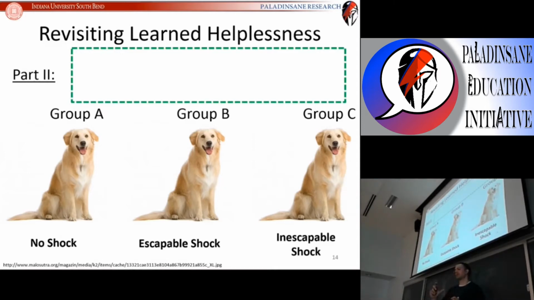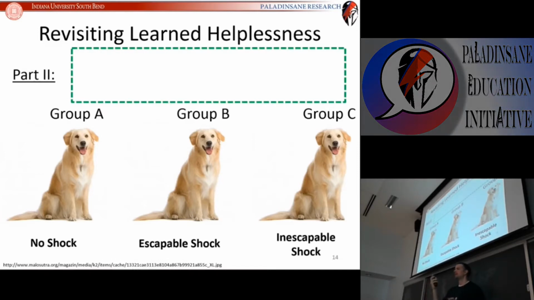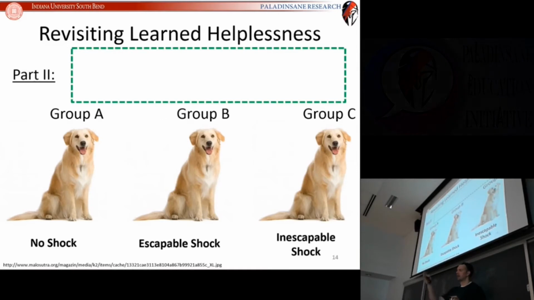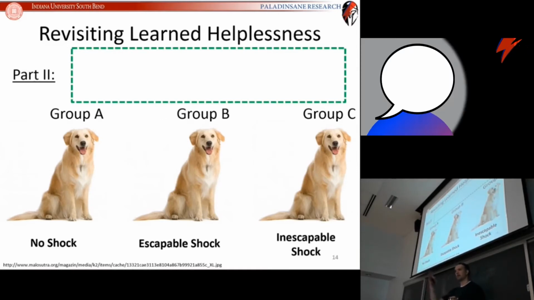Typically, though, they're framed in terms of things that they do rather than not do, and that's going to be important when we get to the contingencies of positive punishment, negative punishment, positive reinforcement, negative reinforcement, because you have to start at a sort of status quo amount.